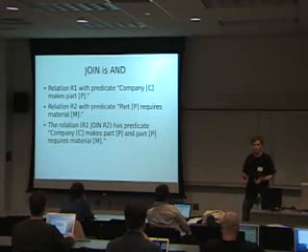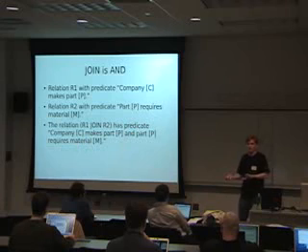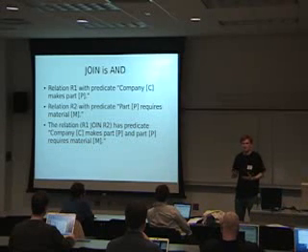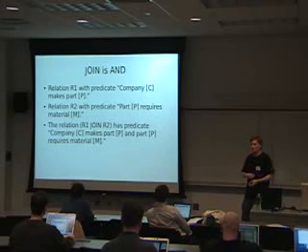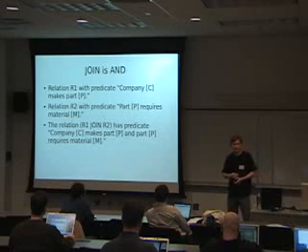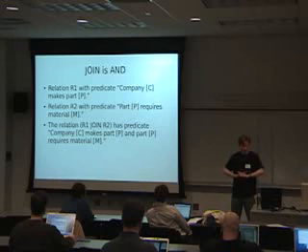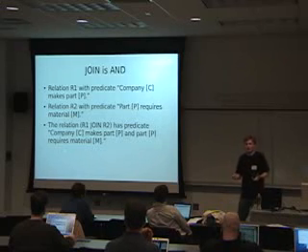For instance, a for loop does something, a join does something. But the difference is a join actually means something. If you have a join, it's the logical AND of the predicates of the relations that you're joining. So that's important because other data models don't really offer this capability.